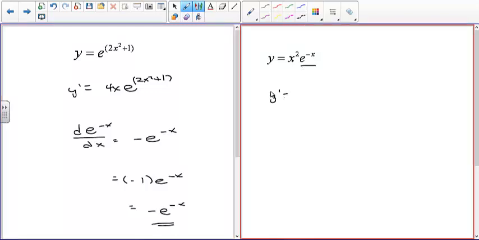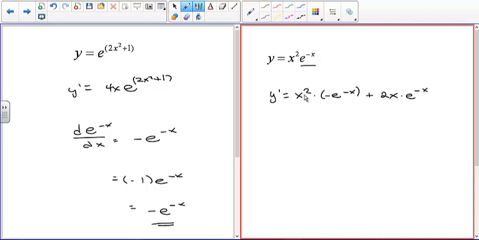So if I do y prime, it's going to be equal to the first function times the derivative of the second function plus the derivative of the first function times the second function.